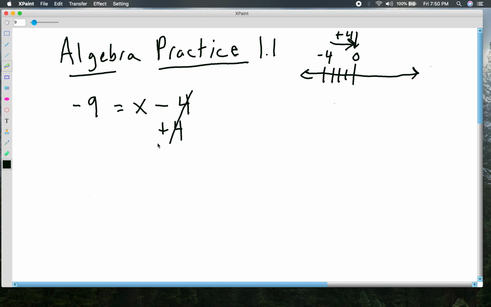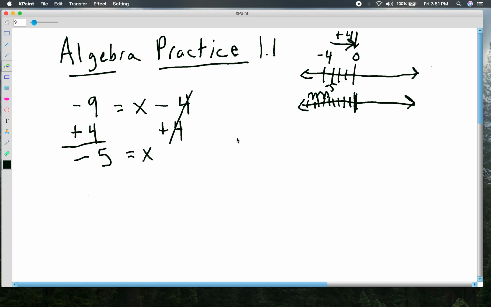So those will cancel out. X minus 4, negative 9 plus 4. Okay, so negative 9 plus 4, that's going to give us negative 5, because if I'm at negative 9 and I go up 4, 1, 2, 3, 4, that takes me to negative 5.